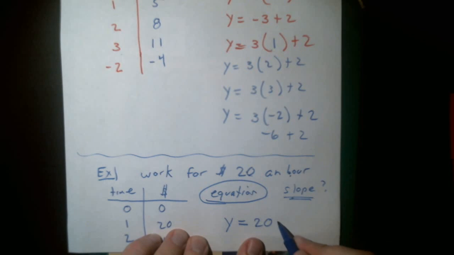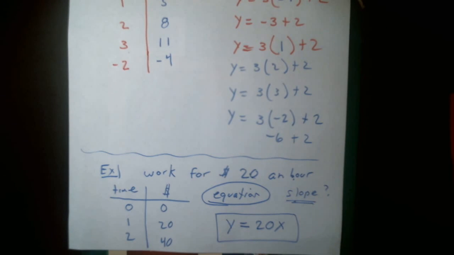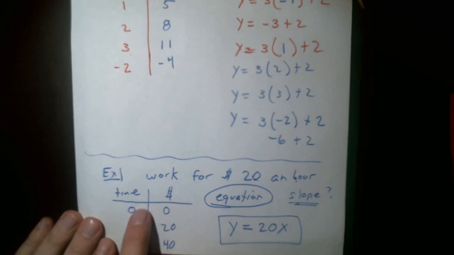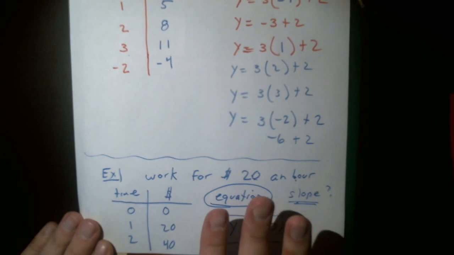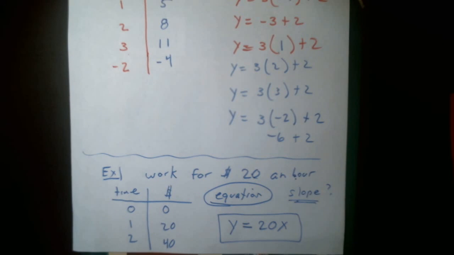What do you think? X. There's your equation. So really, what you're trying to accomplish is to take some information and relate it to real life. I'm hoping that this helped. Go through this a couple times. Functions are pretty much the basics of math. So I will see you on the next video.